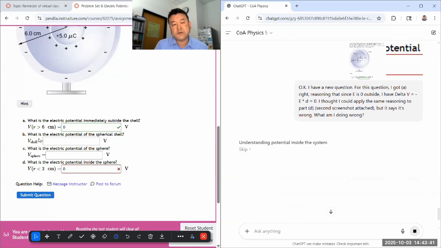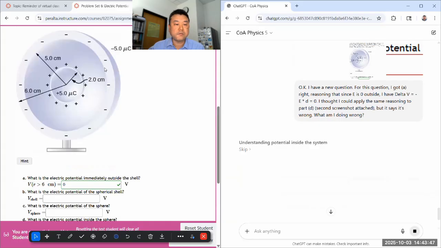So you can still have a constant offset. And to figure out the constant offset, you need to know the change in electric potential that's occurring in this in-between region.